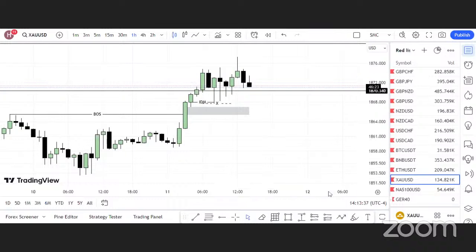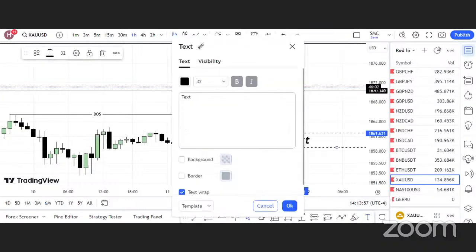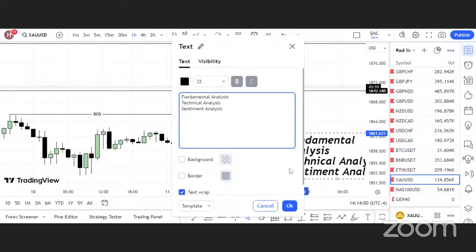All right. And then we have three types of analysis. Let me write that out. The three types of analysis in the forex market, or in forex trading.